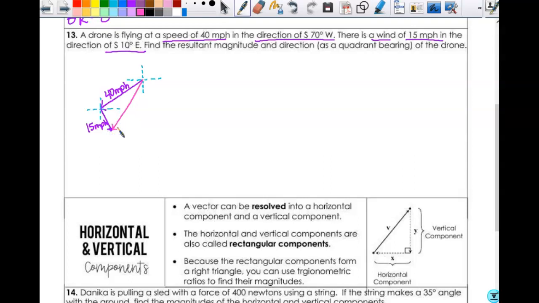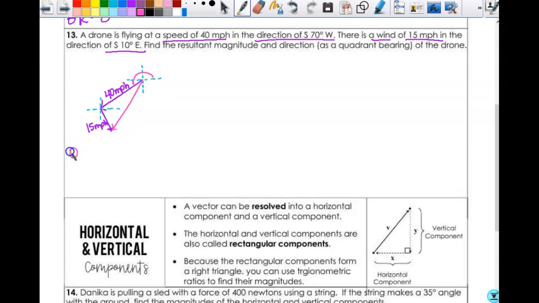So I know that this angle right here, the way I got this one, was south 70 degrees west. So I came down south and then swung 70 degrees west, which means this right here is 20, right? Because if this is 70, that's 20 to get to 90. So this is 20, this is 180. So if I do 180 plus 20, that's going to give me 200 degrees.